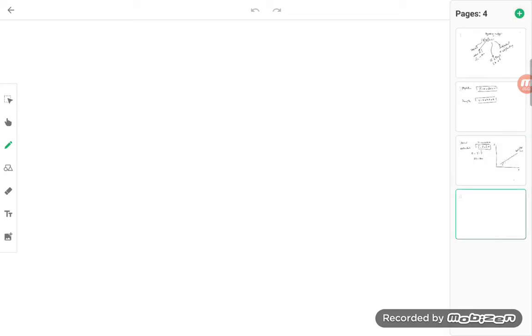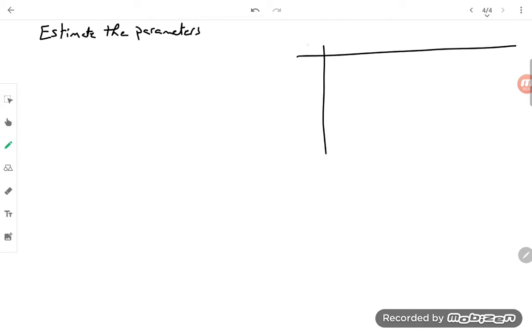Let's take an example. We would like to estimate the parameters as we did last time. If you are given the following, this is y and this is x: 2, 4, 8, 7, 8, 10, 8, 5, 4, 3, 2, 2.